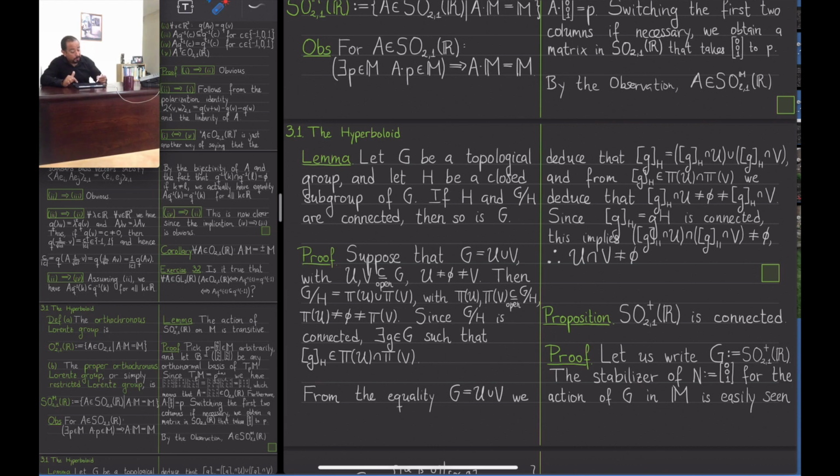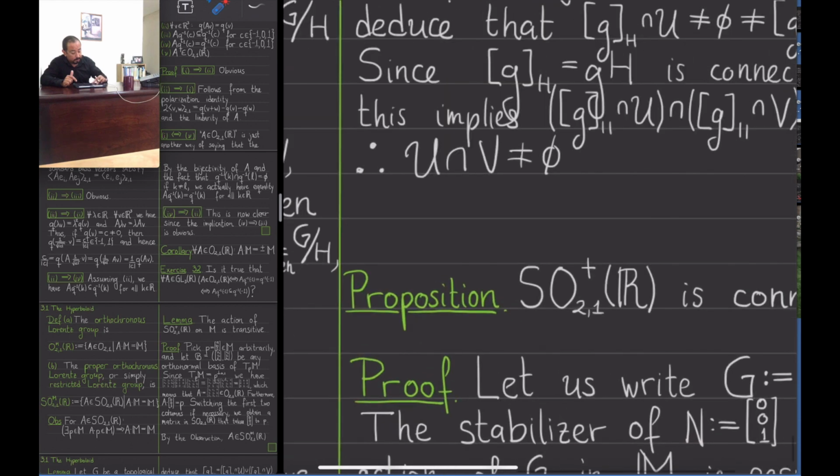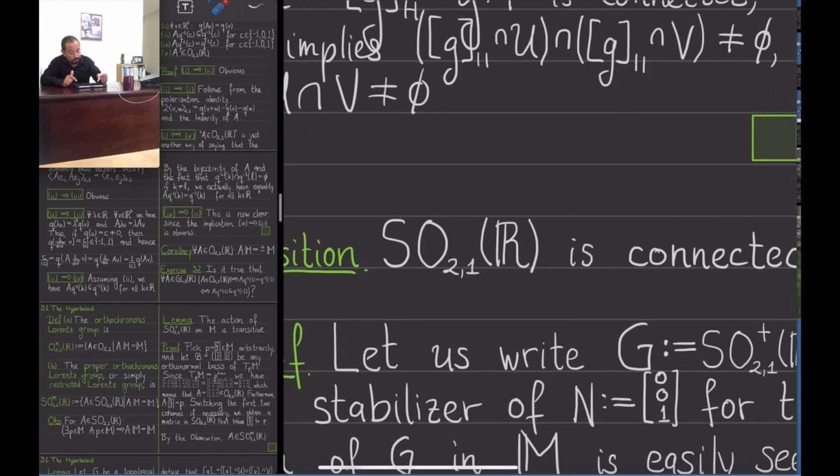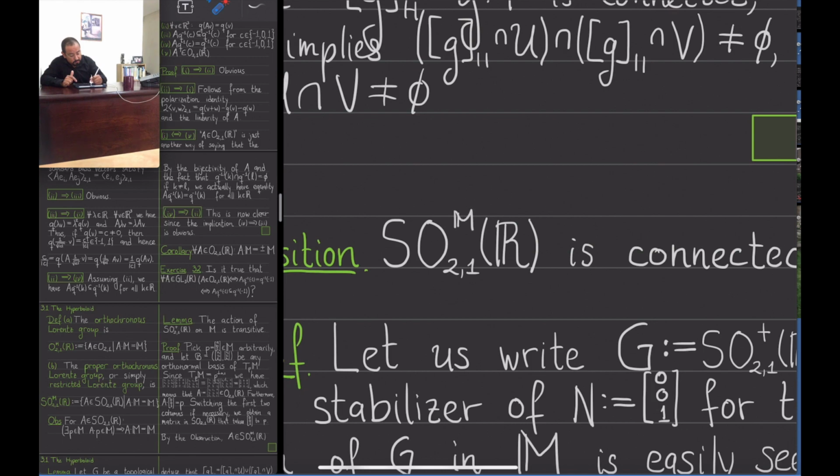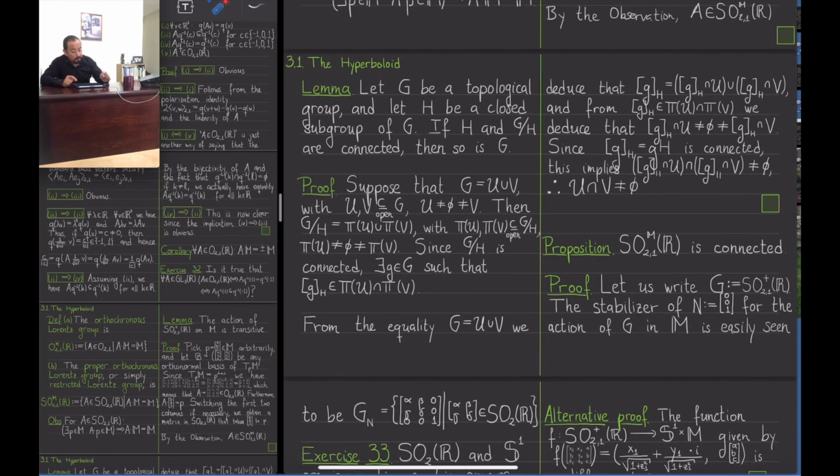Now, let's show that the restricted Lorentz group is connected. And here again, I have to write M. I'm going to give two proofs.